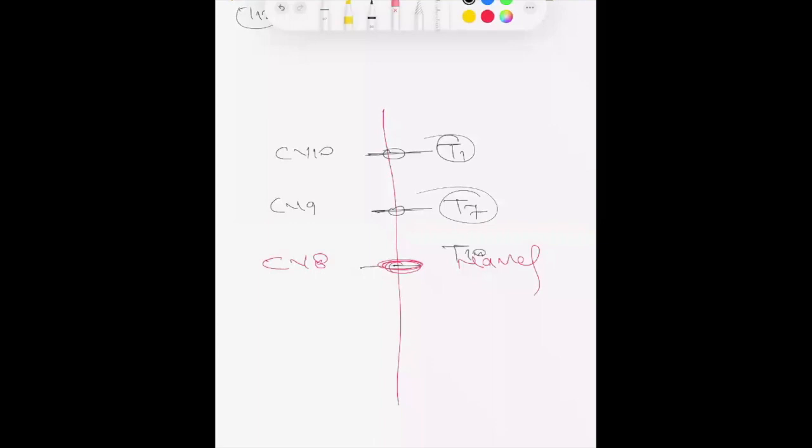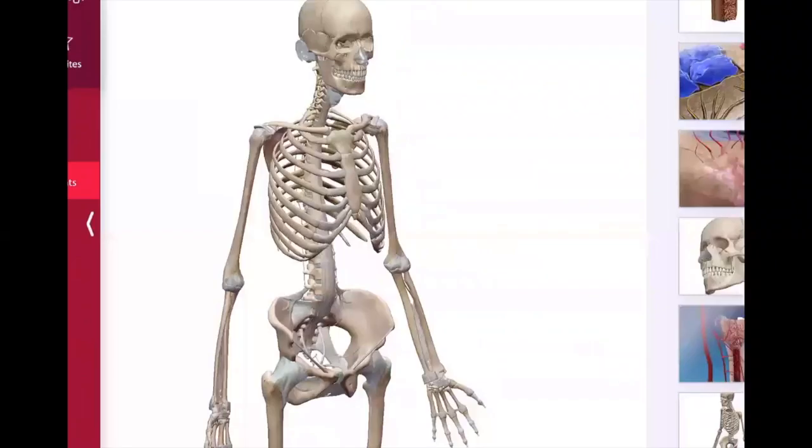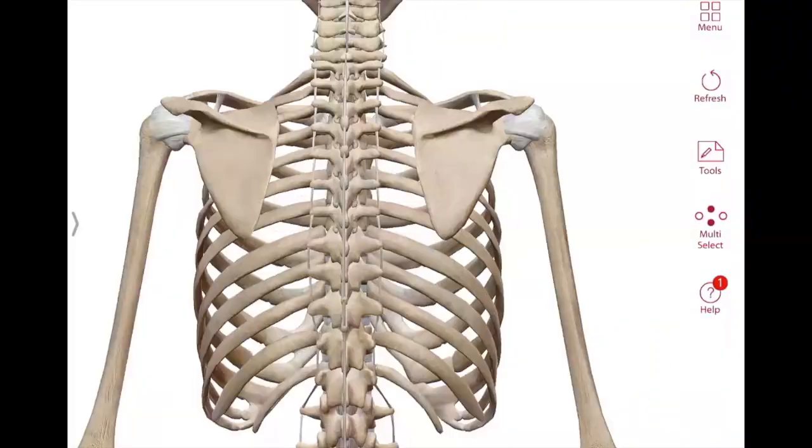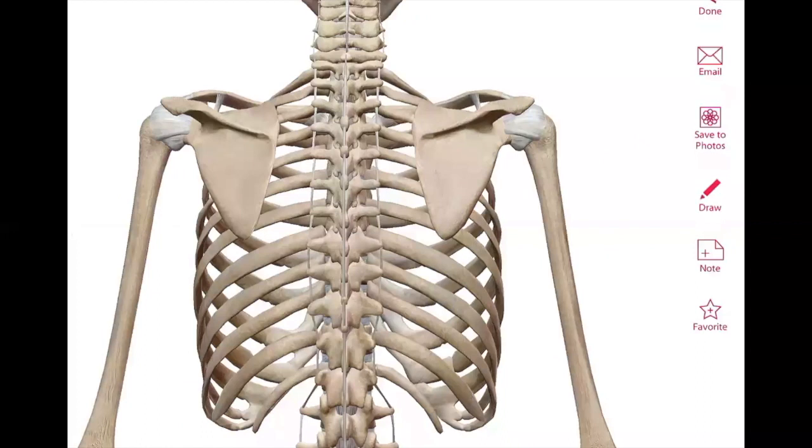So let's see first this part, thoracic 1 to thoracic 7. If we see the spine, many times people complain to us that they have pain in this area.